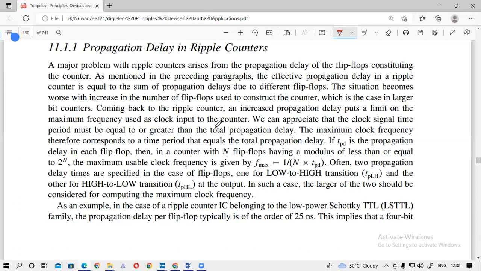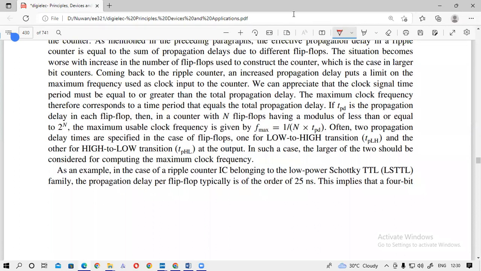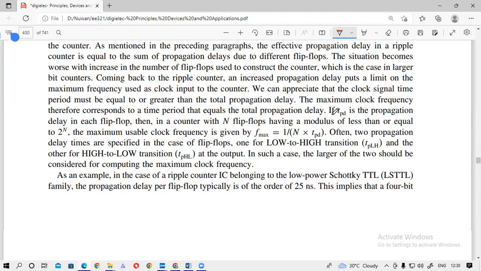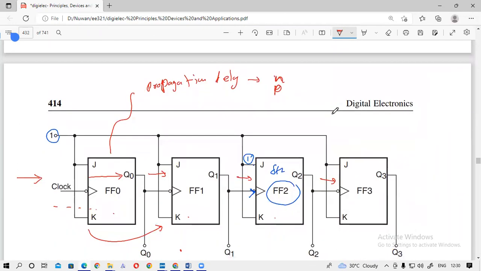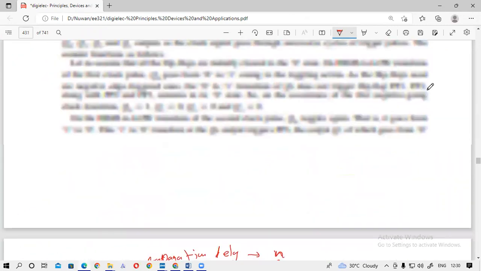Try to read this one and understand it by yourself. I give you 5 minutes to give me the answer for this one.